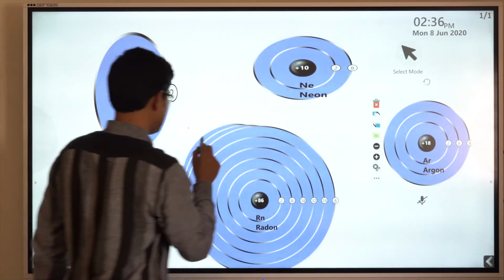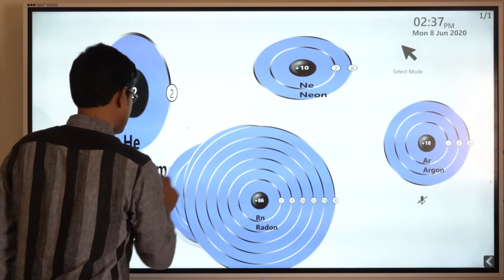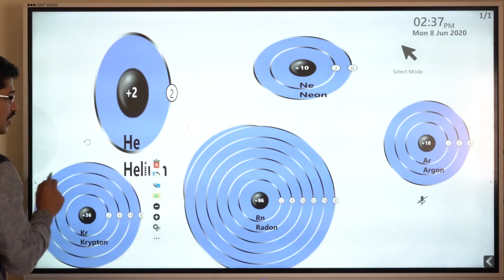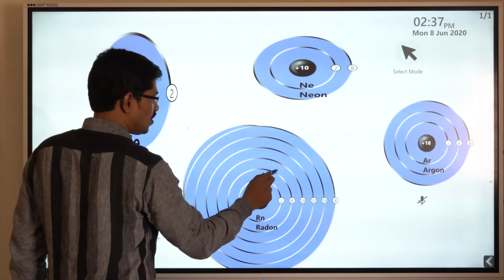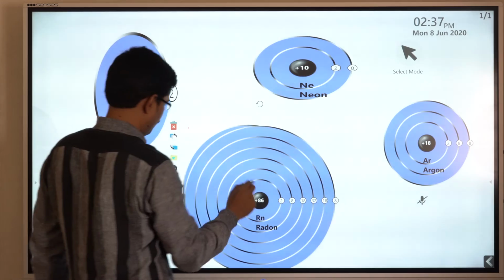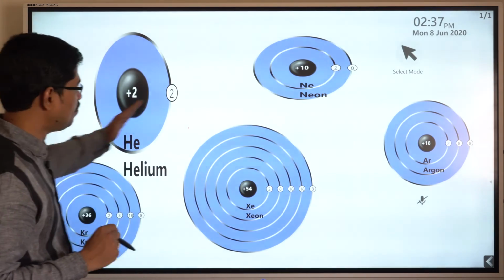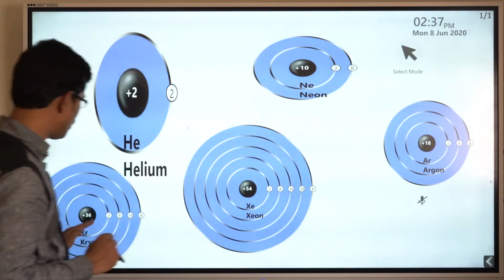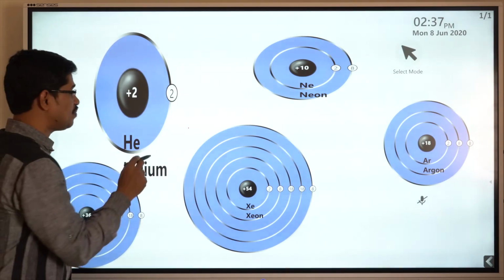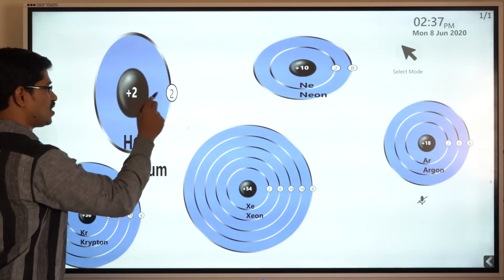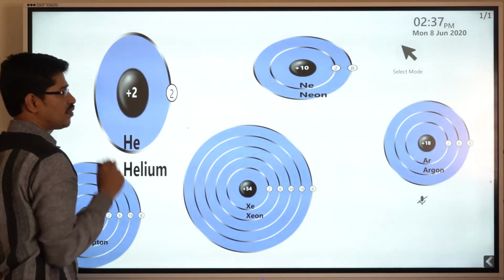In all these cases, we are calling them stable: neon, argon, krypton, xenon and radon. I am removing radon. Now you can see helium, neon, argon, krypton, xenon. Helium has 2 electrons in the outermost shell and is stable. This is called duplet electronic configuration.